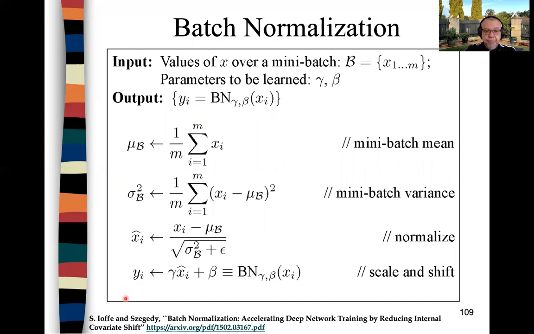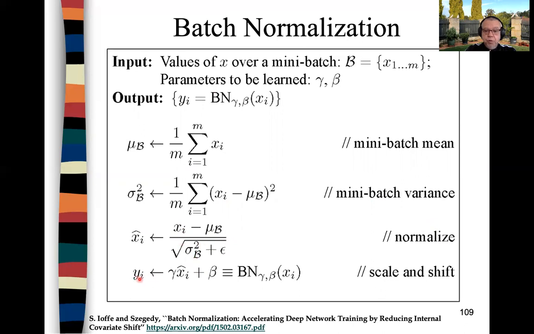The steps that you follow: you take all these activations for that mini batch and you compute the mean, okay? So you sum over m, x_i from 1 to m, and then you also take the mini batch variance. You subtract the mean and divide by the variance, so you normalize, but in this case you also add a certain epsilon to avoid dividing by 0 in the case where you end up with a very small variance.